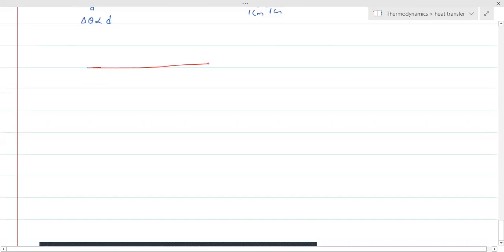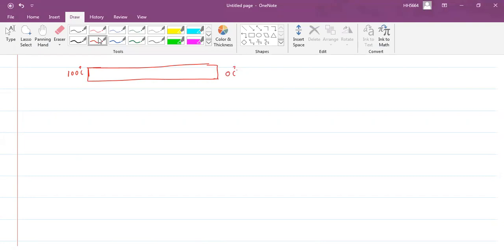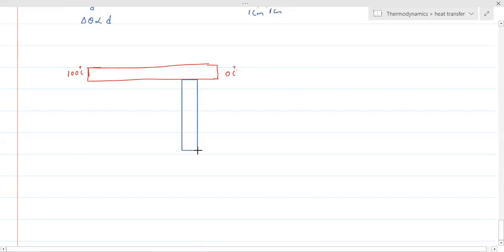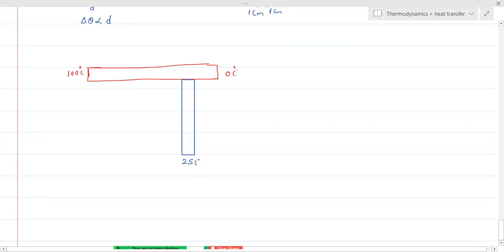For example, I'm taking a rod. This rod is maintained at 100 degrees centigrade at one end, and the other end is at 0 degrees centigrade. Now we are taking another rod, whose end is at 25 degrees centigrade, and we need to find the junction temperature.